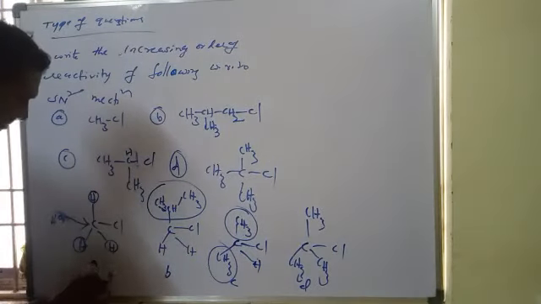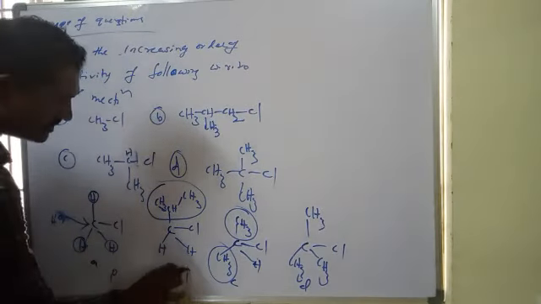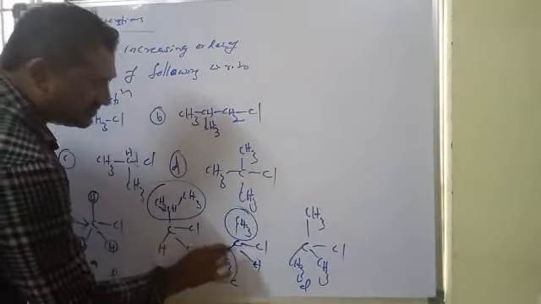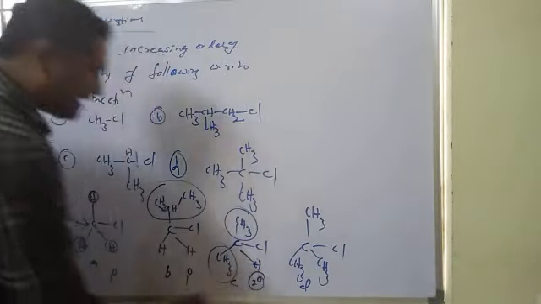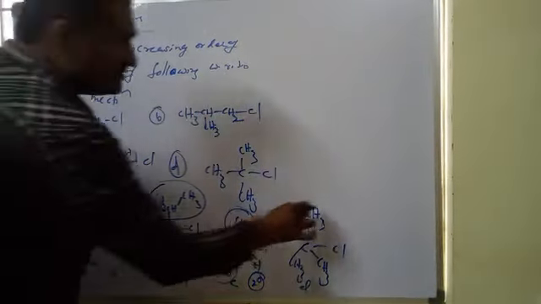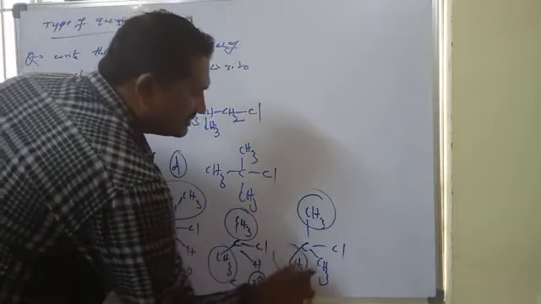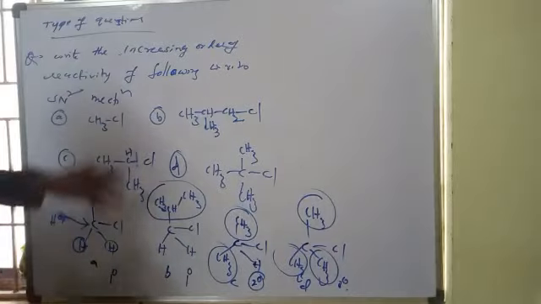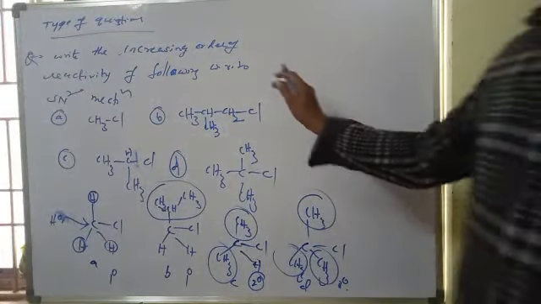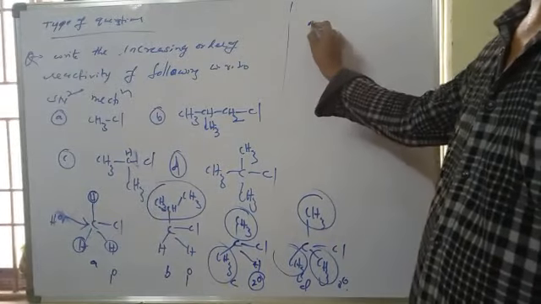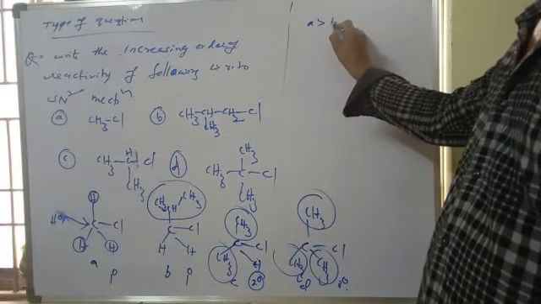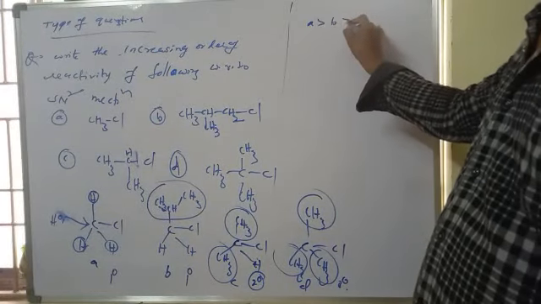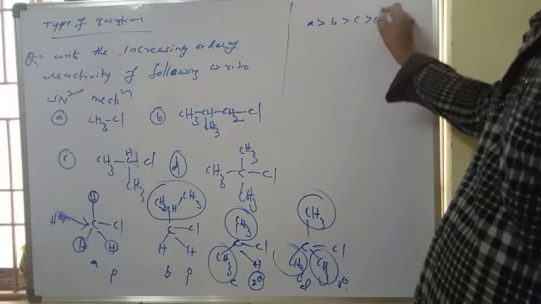This is a primary alkyl halide, this is also primary, but this is a secondary alkyl halide, and this is a tertiary alkyl halide. So with respect to SN2, option A is more reactive than option B, then option C, then option D.